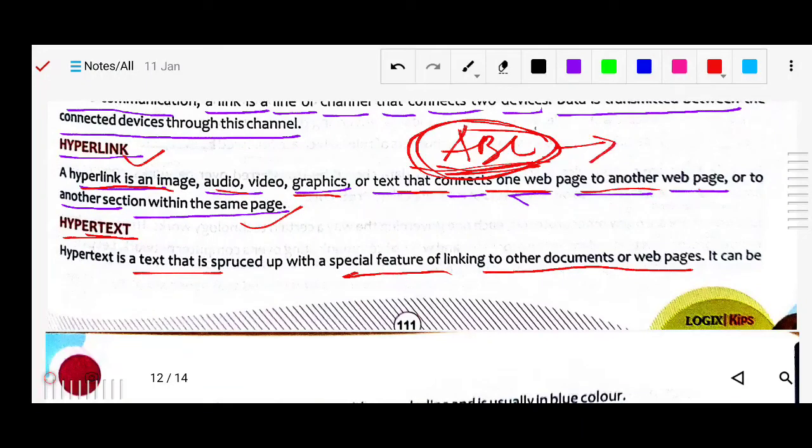The process of connecting from one web page to another is called hyperlinking. But this particular term ABC is called hypertext. And the process of connecting one page to another is called hyperlinking. Understood?